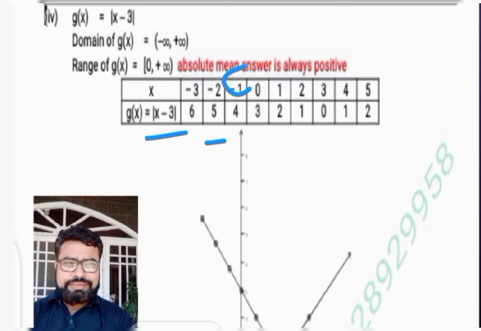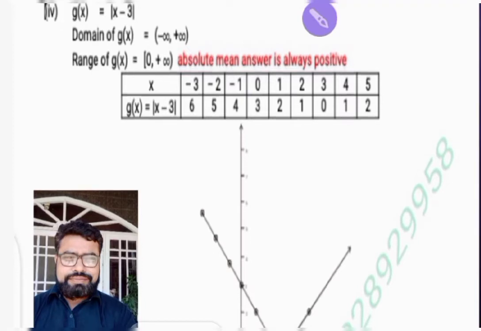If we put -1 here, -1 -3 is -4, and absolute of -4 is 4. If we put 0, 0 -3 is -3, and absolute of -3 is 3. If we put 1, 1 -3 is -2, absolute of -2 is 2.